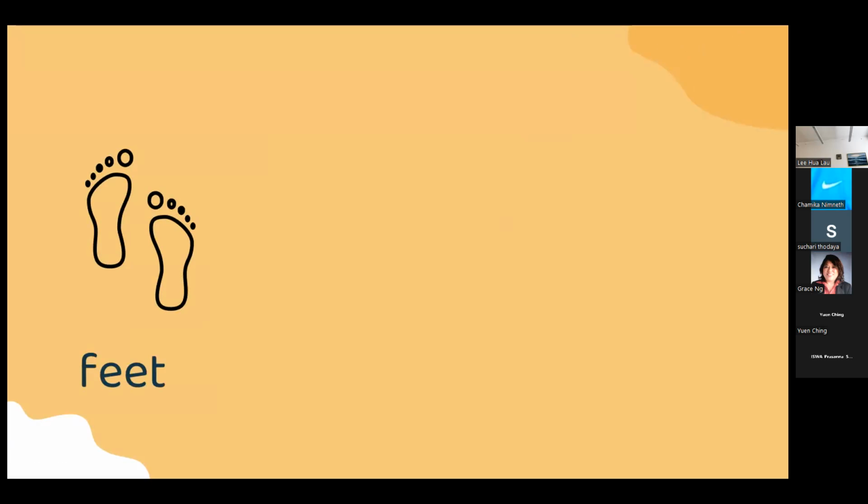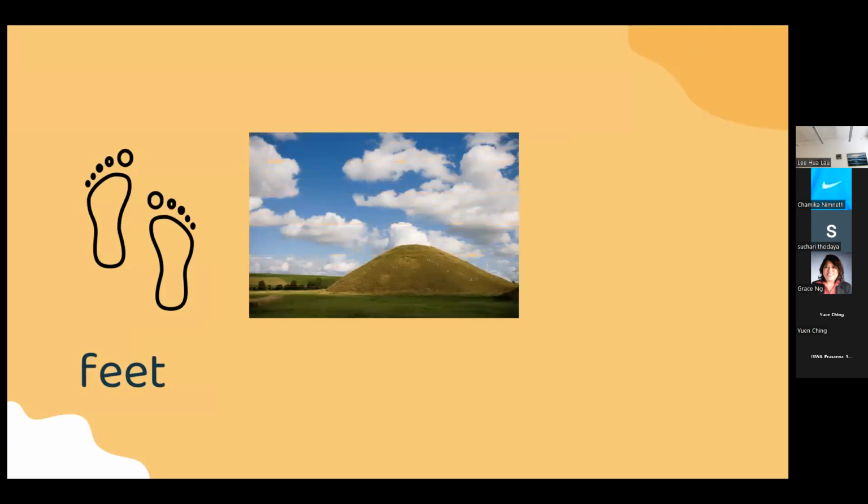Long. Yes, that's correct. What's this? Can anyone guess? Hill. Yes, that's a hill. And what is it, a short I or a long?